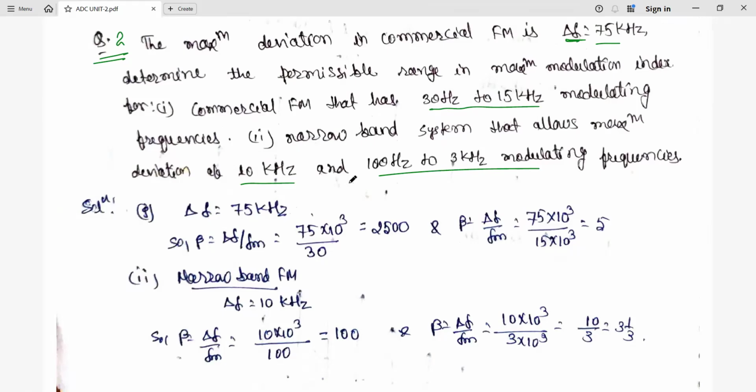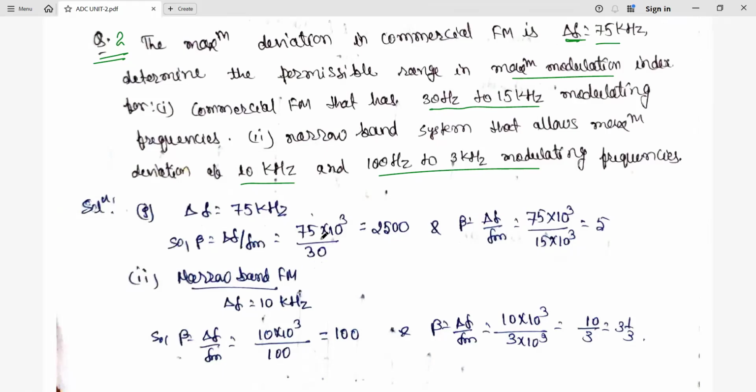Again, we'll discuss narrowband FM. Now they're asking the permissible range in the maximum modulation index. We have del F as 75 kilohertz, and we know beta is del F by Fm.